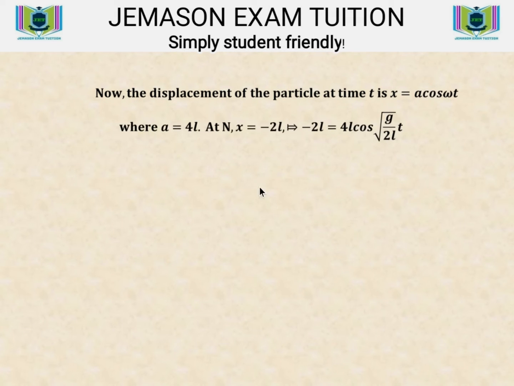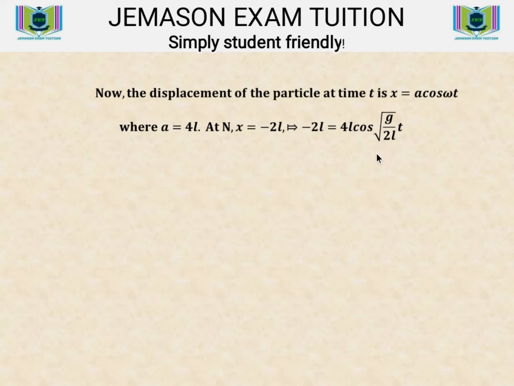So from here, we recall that a is 4l and at n, x is negative 2l, as already explained, because n is on the opposite side of the equilibrium position relative to where the particle started. And so replacing those parameters into the equation above, we have that negative 2l equals the amplitude 4l cos omega t, omega being the root of g over 2l, as obtained in the previous part.